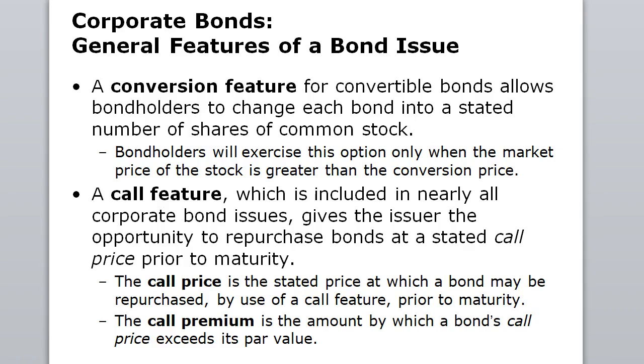So the call price is the price at which a bond may be repurchased, usually higher than the par value. And the call premium is the amount by which the bond's call price exceeds par value. So it's a little compensation in case they call the bond early. And calling the bond early is like the business refinancing its debt at a lower rate. So if they refinance the debt at a lower rate, you're out your bond that pays a higher rate.